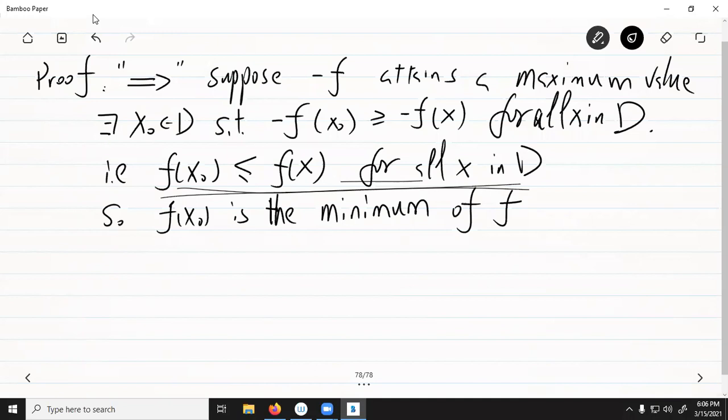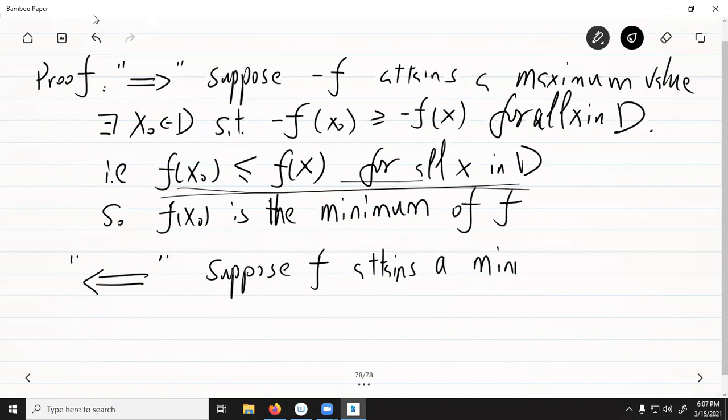The other direction is the same. Just repeat it. Suppose f attains a minimum value. Then we want to show that negative f will attain the maximum at the same point.